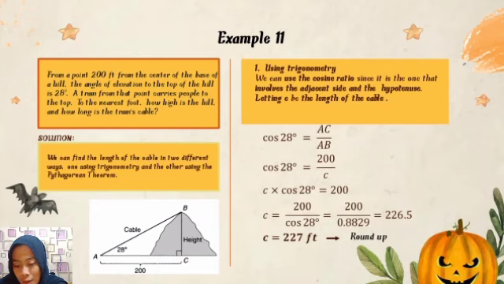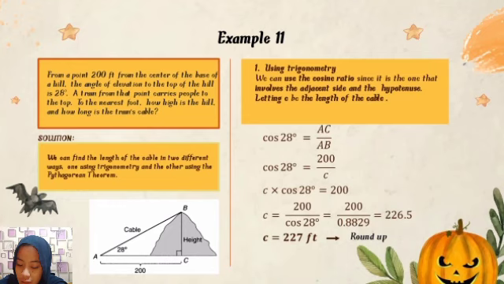Letting C be the length of the cable, cosine 28 degrees equals AC over AB. Cosine 28 degrees equals 200 over C.